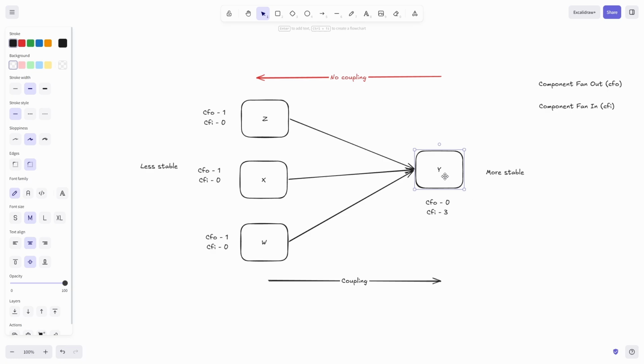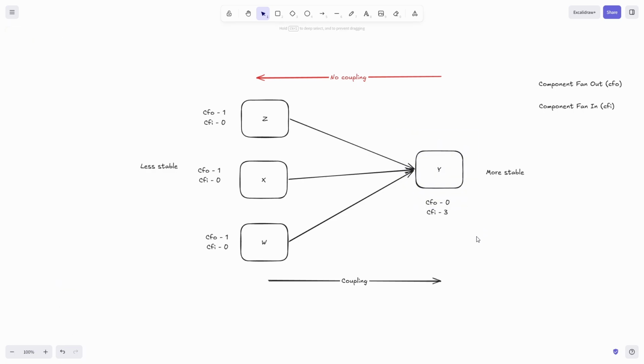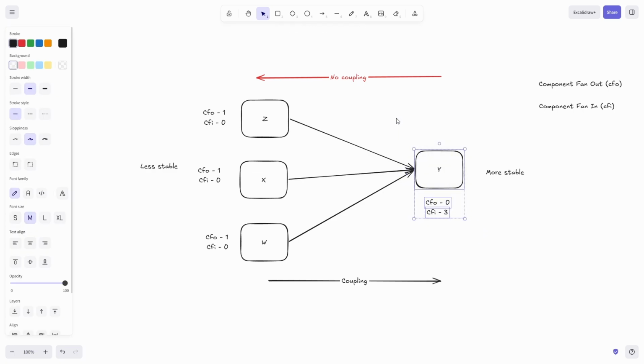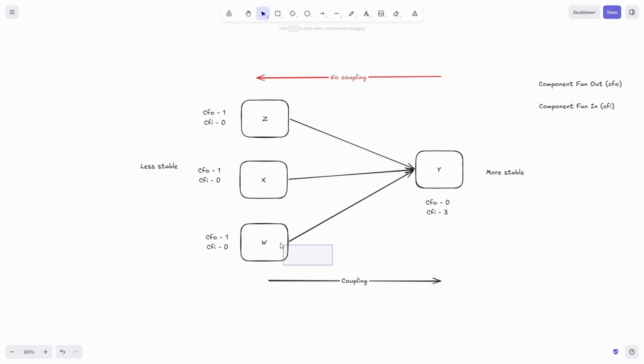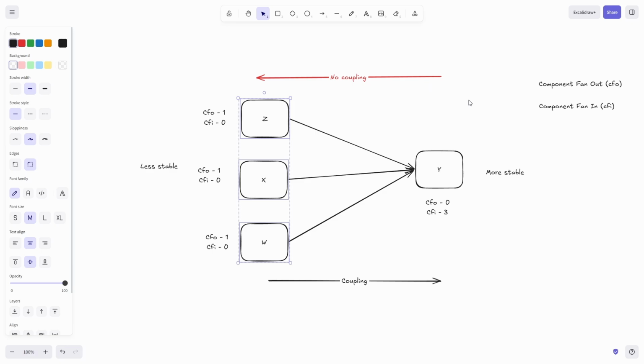So if you have an intern on your team or a lot of junior people, you would not put them as responsible people for this component. Why? Because a change or an error on this component can have a lot of effects downstream.